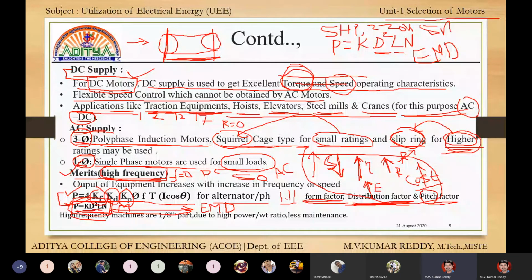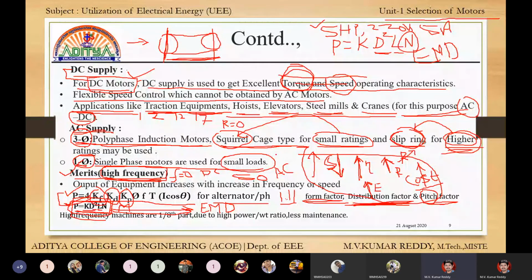These are the required specifications. With these specifications and with this diameter and length, we can design the motor itself. That much important is this formula, P is equal to K D square L n, where N is the speed of the motor.